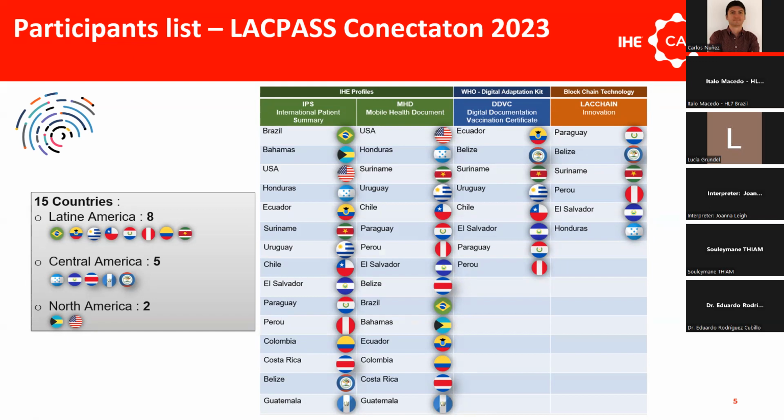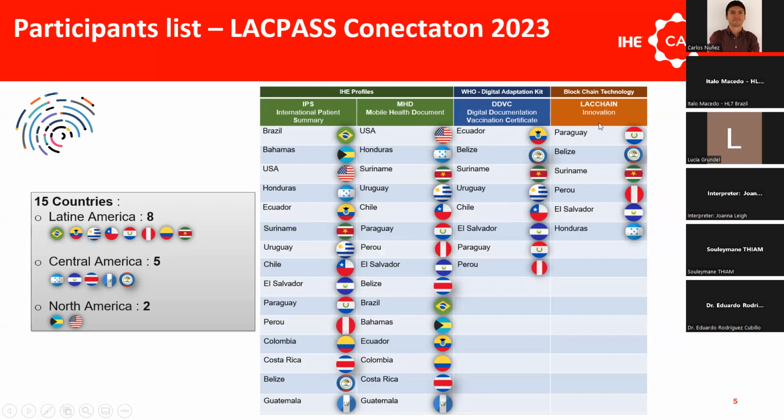DDCC only focuses on the COVID vaccine code. That's why in the upcoming event we are testing DDVC, the vaccination certificate that allows us to test all vaccine codes: yellow fever, COVID, polio, and other options.